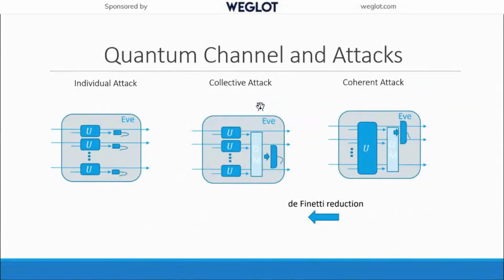Now, I haven't talked about what happens in the intermediate step. This is how we model basically the attack from Eve, the eavesdropper. So it can be an attack that is applied to every single state that we send, and Eve then is measuring her mode, because Eve sends her mode, which interacts with this interaction U with the traveling mode.